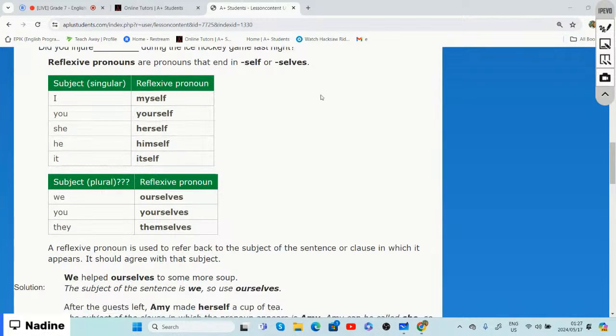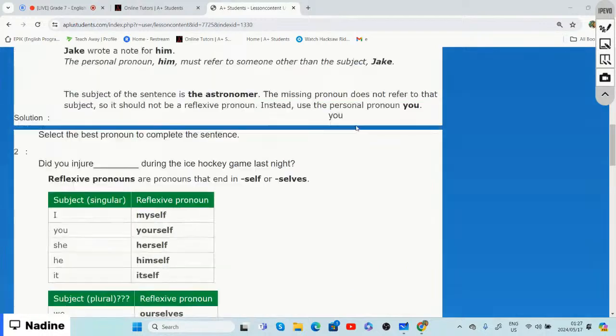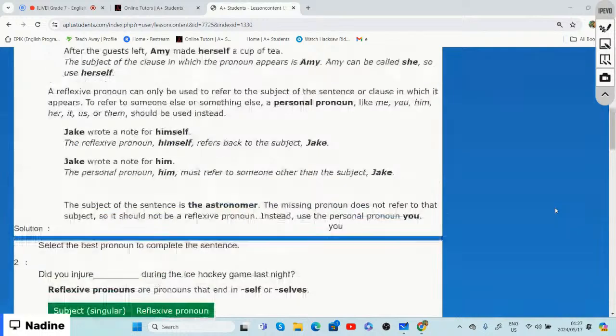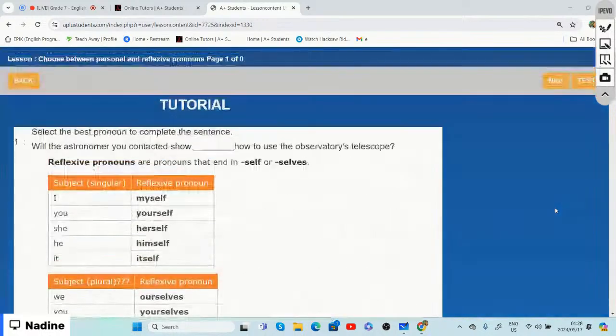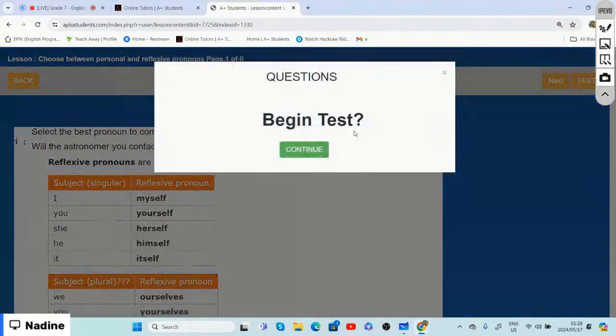All right. So we say that any reflexive pronoun needs to refer back or agree with its subject.